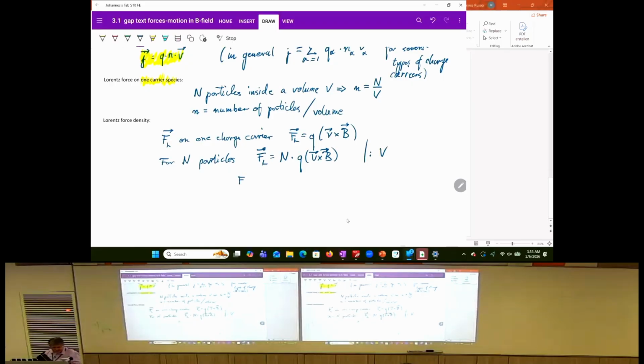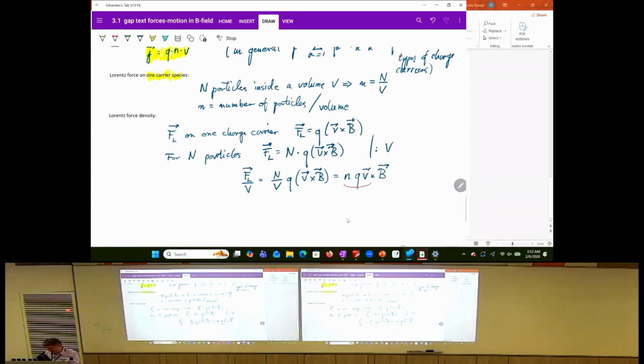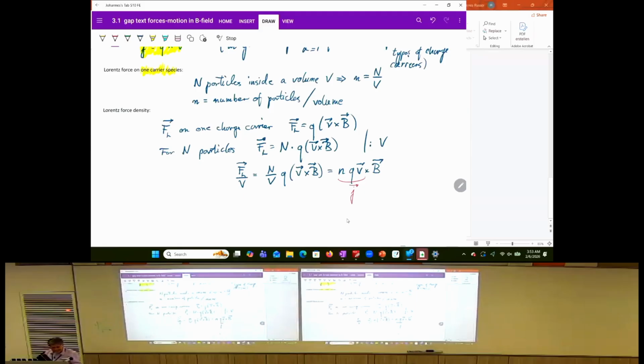Then you get a force per volume, and on the other side you get the number of particles per volume times charge times velocity cross the magnetic flux. And the absolute number of particles divided by the volume is of course the particle density, so n times q times v cross B. And there you recognize that this is something familiar. This term is our current density.